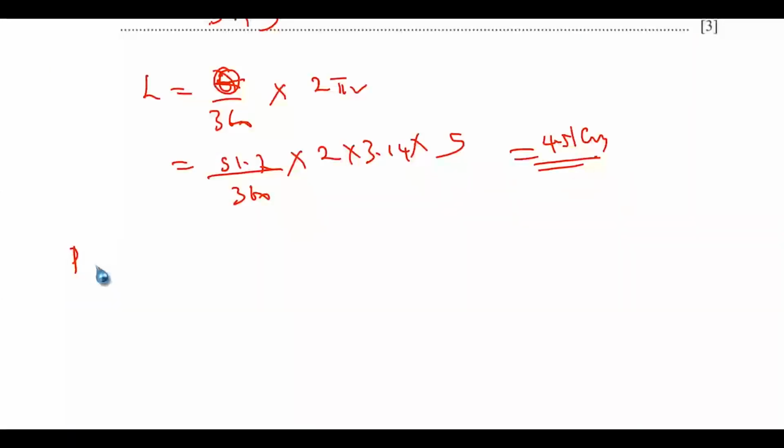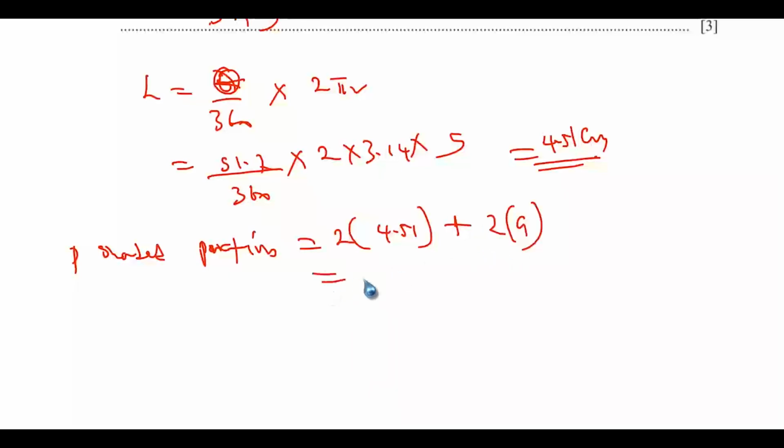So the perimeter of the shaded portion will be equals to 2 into 4.51 for the two arcs, then plus 2 into 9 for the two chords. If you do this, this will give you 9, then plus 18, then you should get 27.